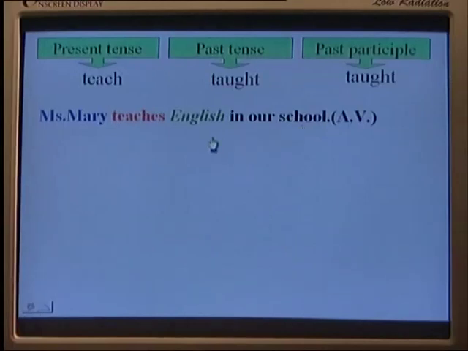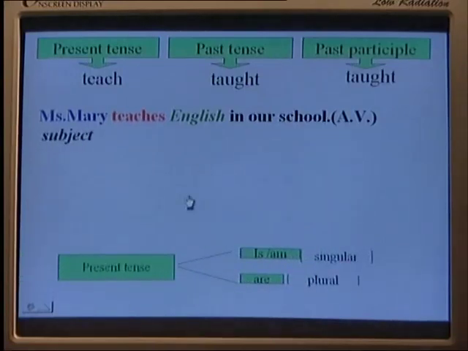So, how to change it into passive voice? Look at carefully. See, the verb is in present tense. When the verb is in present tense and subject, what is the subject here? English. Subject is singular, then you should use is.